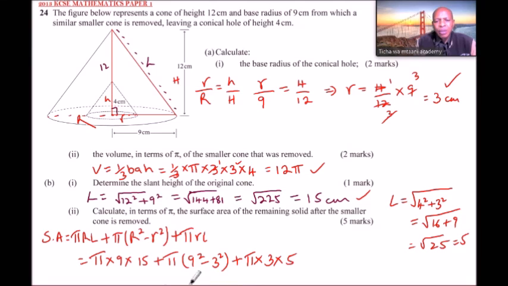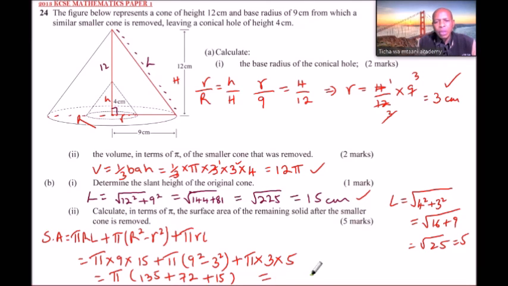And this you'll be able to get, you use your calculator, and you can factor out pi outside. So you get 135, plus 81 minus 9, that will give you 72, plus 15, which is 5 times 3.